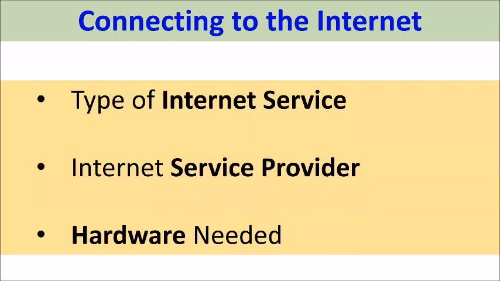Right, write down the next topic, subtopic here, connecting to the internet. Under that, write down these three. First, write down the topic, connecting to the internet. Then the first one, type of internet service. Then internet service provider.